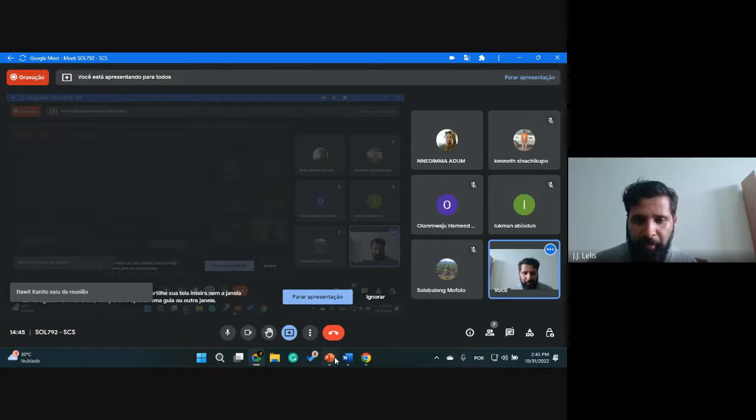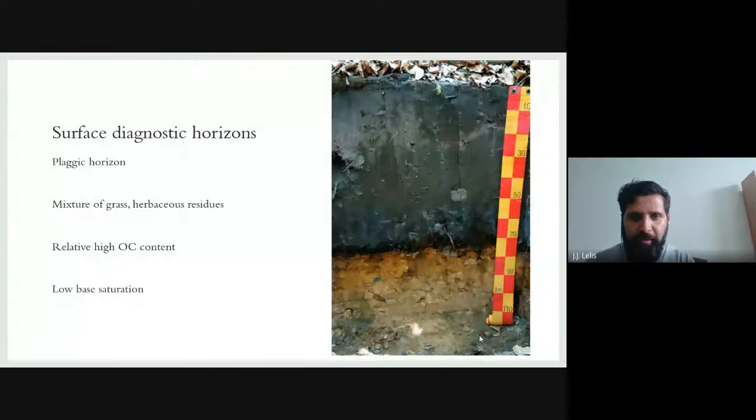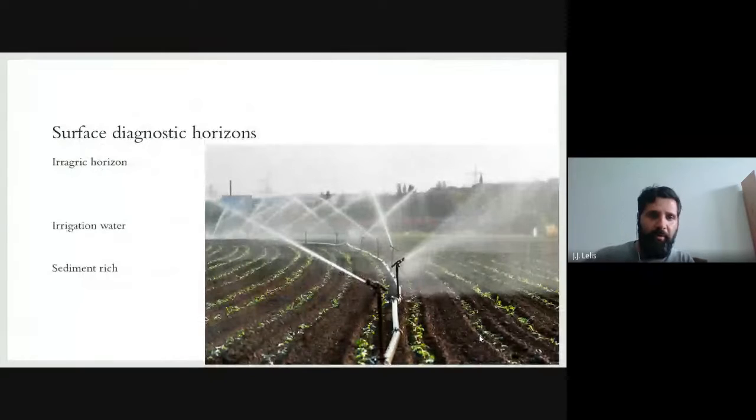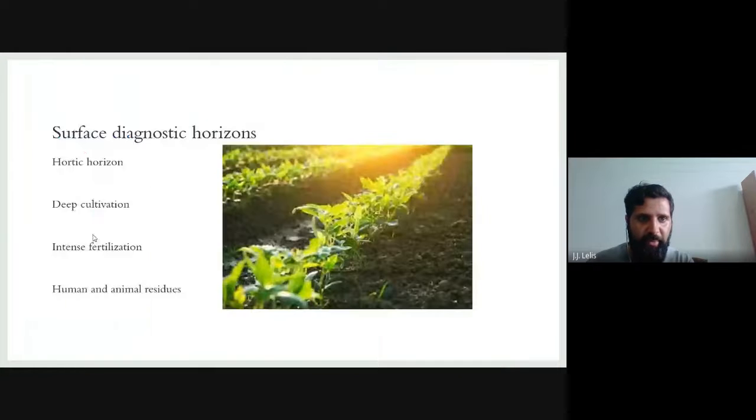For example, let me show you again. The hydric horizon is formed by irrigation or water that is rich in sediments. If we compare with the Arctic horizon, here we don't have a high influence of irrigation and increase of fine particles in the surface.